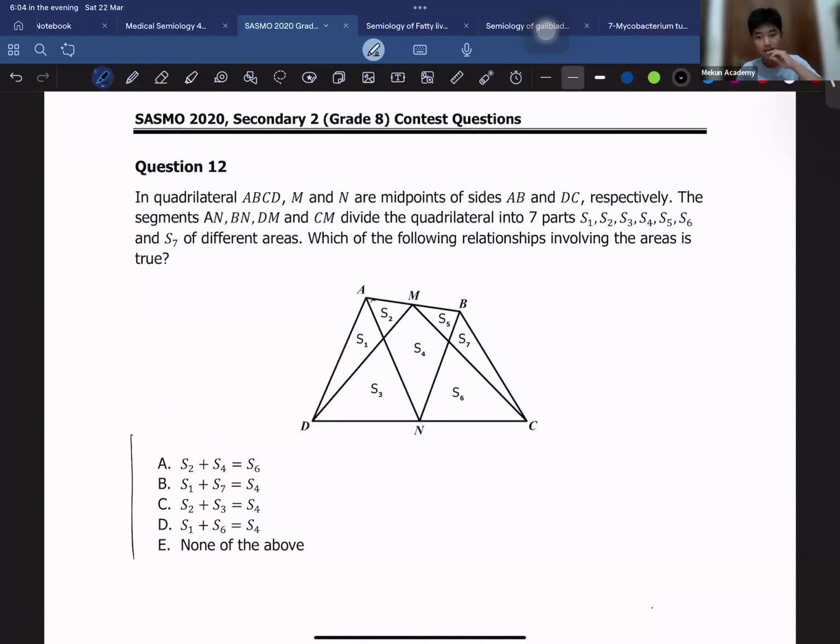I'm going to solve it for you guys. Okay, so that's 2 minutes.